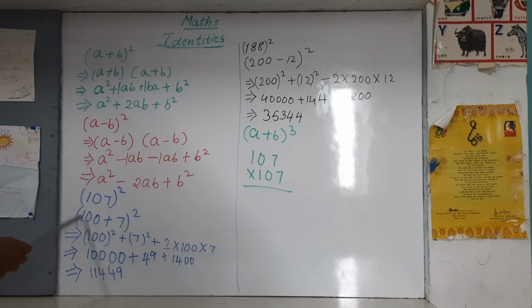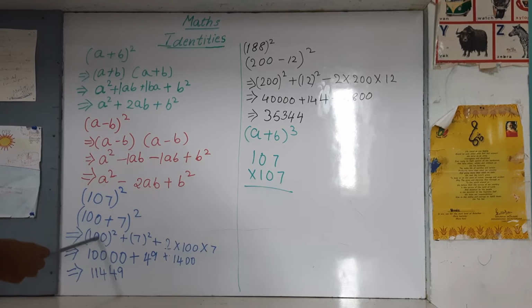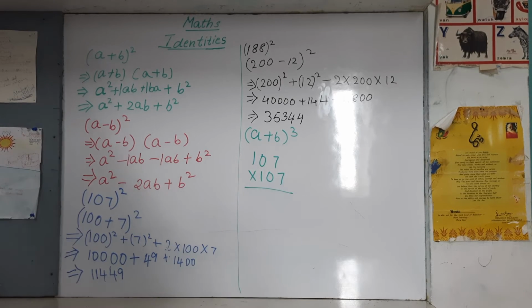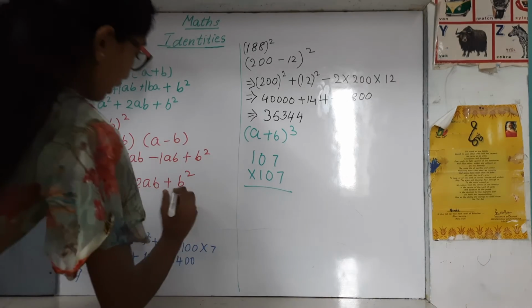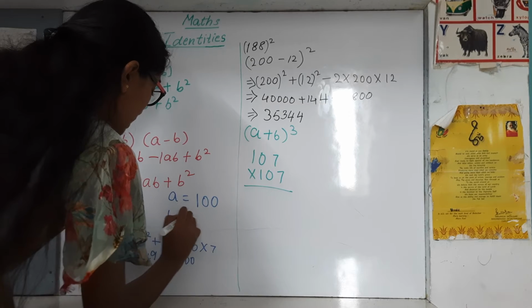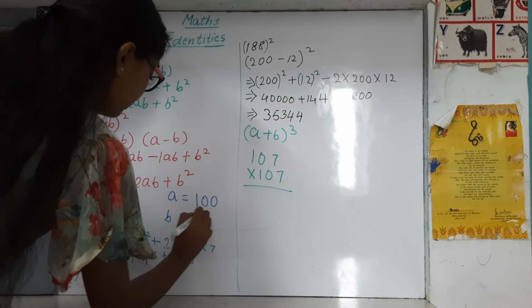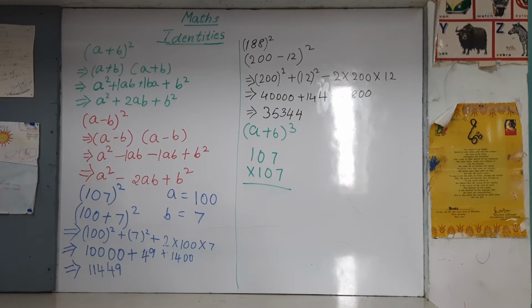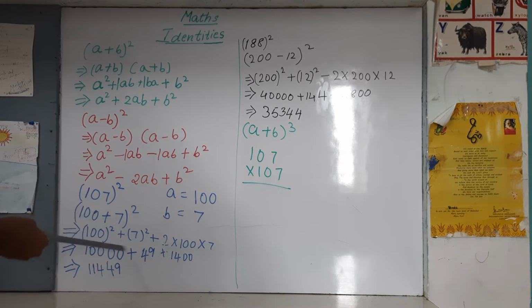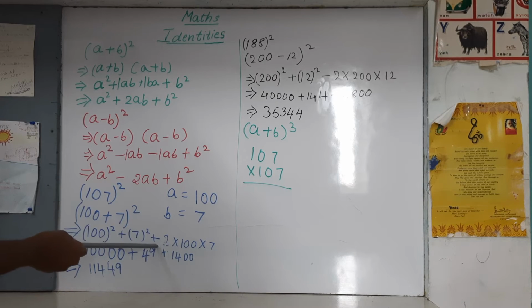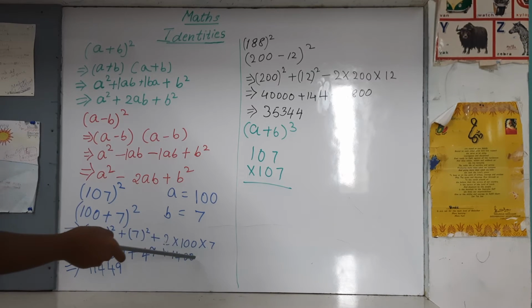After writing the formula, you can write a is equal to 100 and b is equal to 7, so you understand what is a and what is b. So a square is 100 square, b square is 7 square, and plus 2 into 100 into 7.